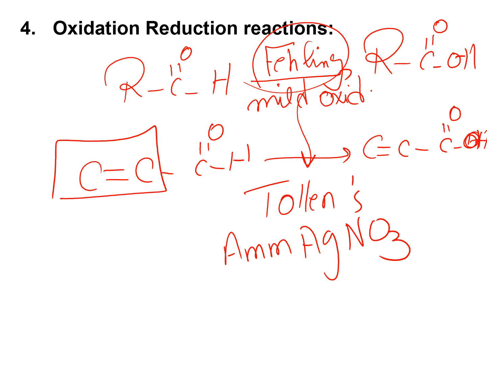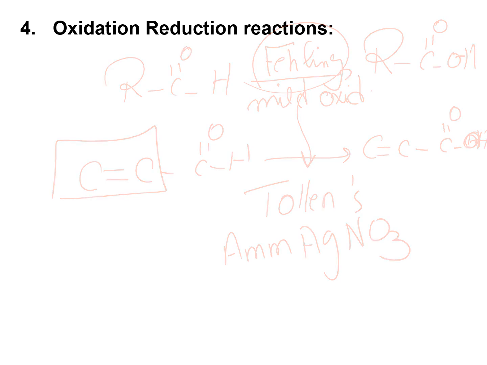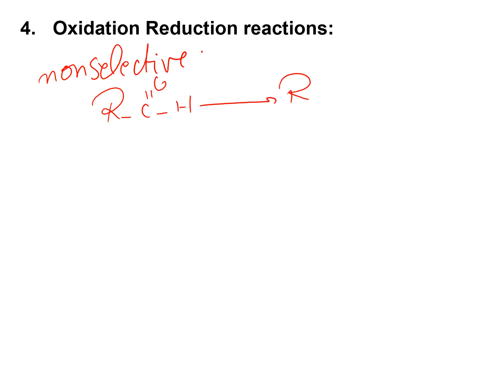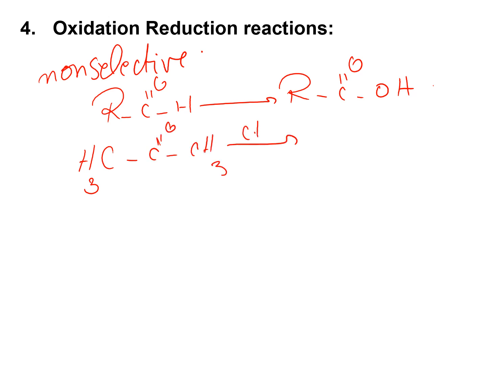So now if we again summarize the oxidation reactions, we have the non-selective oxidizing agents like permanganate or dichromate, and these oxidize aldehydes into acids. And we have nitric acid that oxidizes ketones into acids.